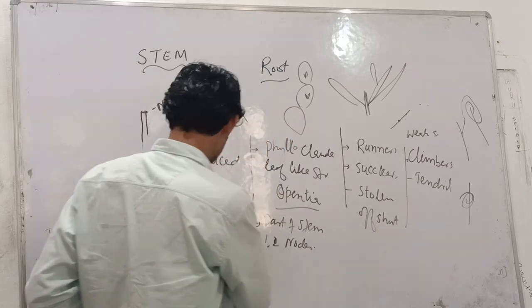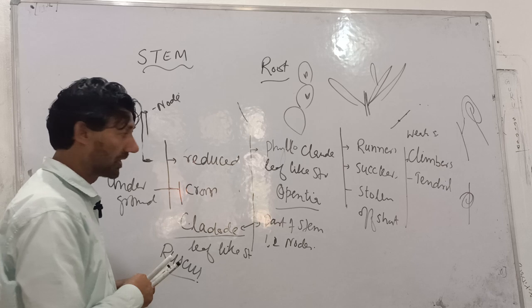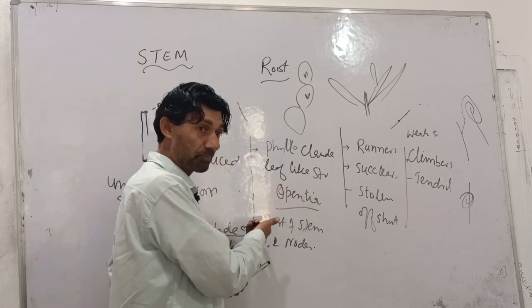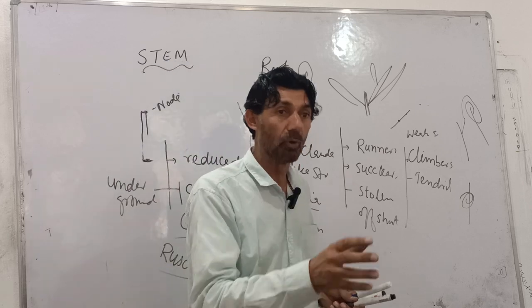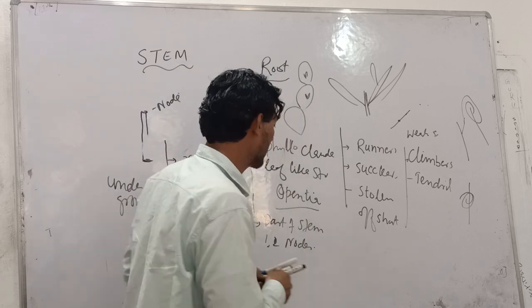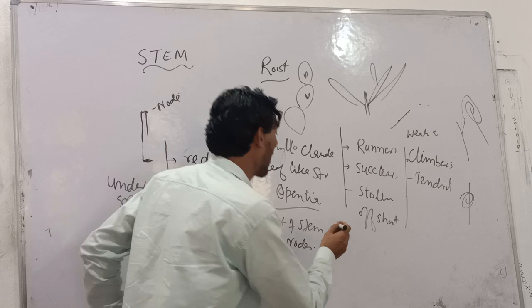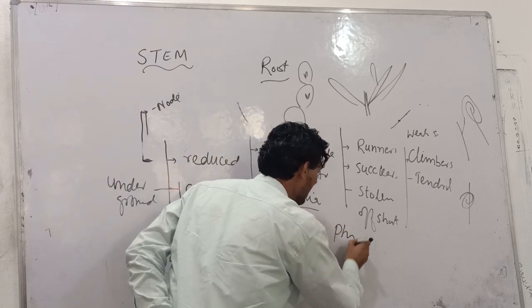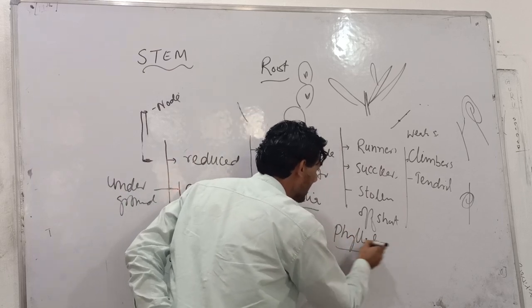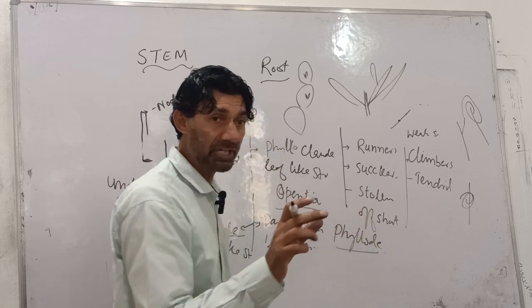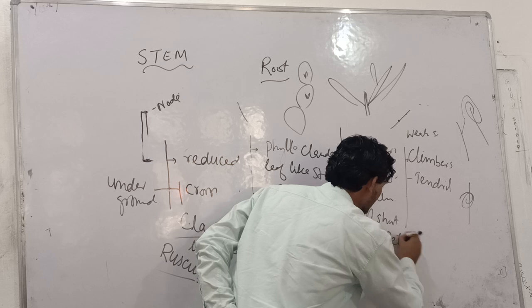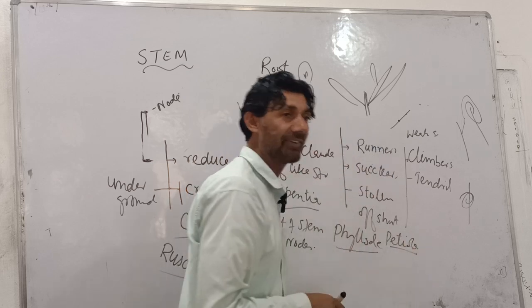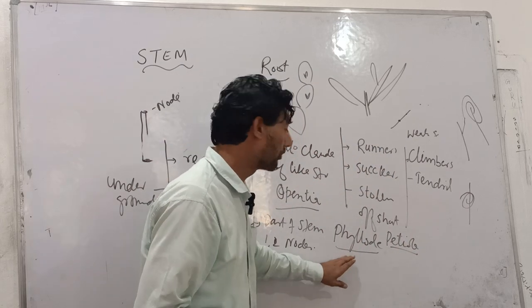That is cladode. When the petiole is modified into a leaf-like structure, it is called phyllode. Phyllode means the petiole gets modified into a leaf-like structure.